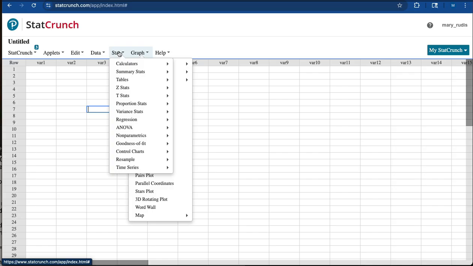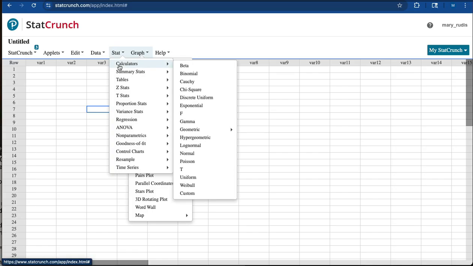The way we do this in StatCrunch is we go to the Stat menu, and instead of going to the calculator, because that's just calculating areas under a curve, we are going to do proportion stats. So we're looking at finding a confidence interval of a proportion.